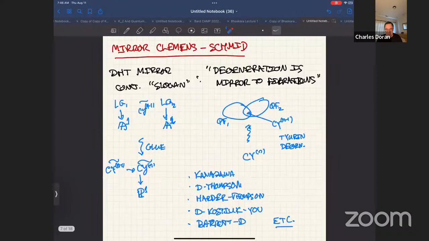Okay, but if we want to mirror Clemens-Schmid, well, we need a philosophy that tells us what the mirror of a degeneration is. And I already told you that the DHT philosophy is that degeneration is mirrored to fibrations. This is just a quick recap of what I said before. You can imagine taking a Calabi-Yau n-fold and degenerating it into a pair of quasi-Fanos intersecting on a Calabi-Yau (n-1)-fold, the so-called Tyurin degeneration.